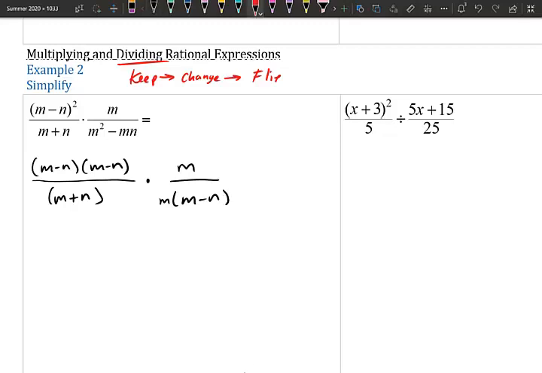When we have fractions, we cancel diagonal and up and down, never side to side. So up and down, we have m's. Diagonal, we have m minus n. So what we're left with is m minus n over m plus n.